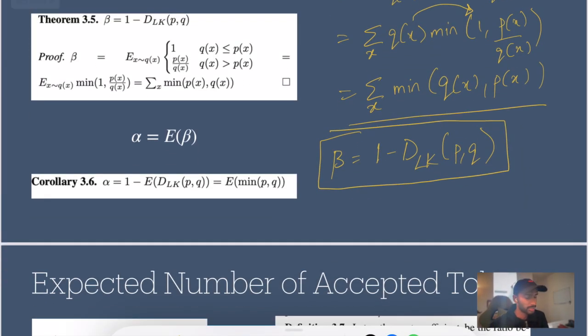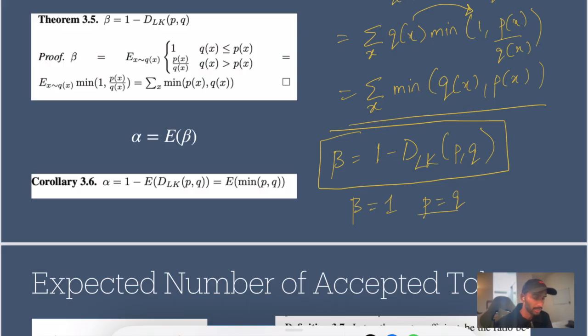Now, if we think about it, what does beta depend on? Beta depends on how closely the approximation LLM and the target LLM's output distributions match. Now, if they match perfectly, so if P equals Q, then beta equals 1, right? Which basically means that the acceptance rate is 100%. We are basically using the same model for both the approximation and the target LLM. Now, that we're not going to do practically because it doesn't make sense.